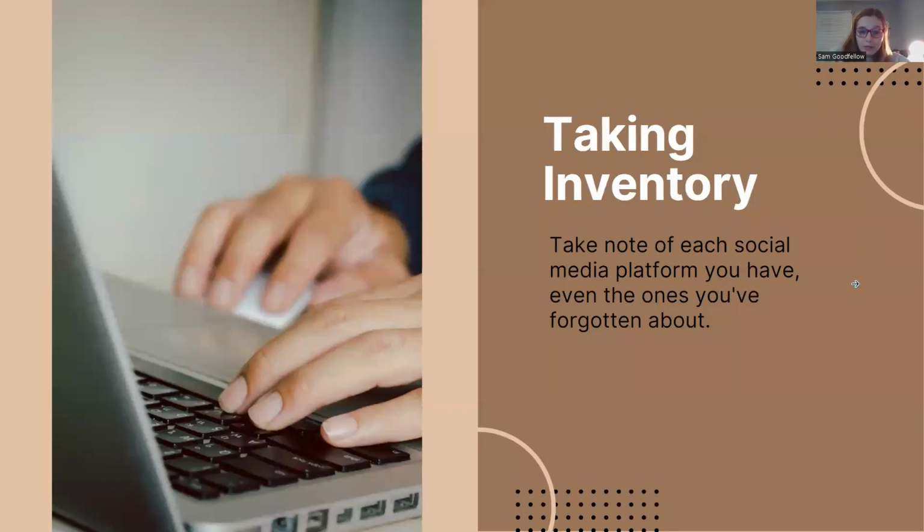So when taking inventory on your social medias, what we're talking about is taking inventory of how many social media platforms you have or have a presence on. So you might have a Pinterest for your business. However, it's got maybe 2 followers and you haven't posted in 3 years.